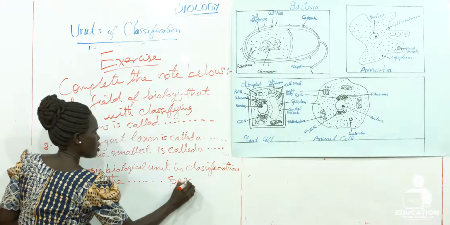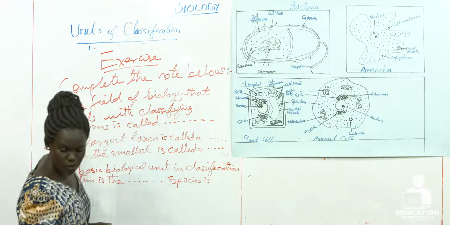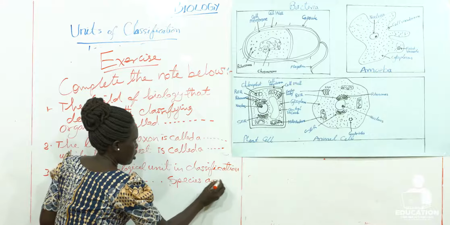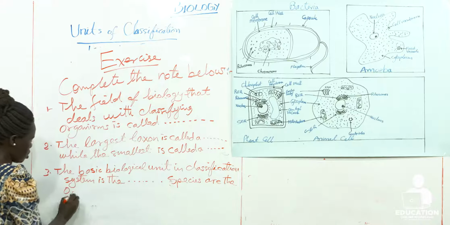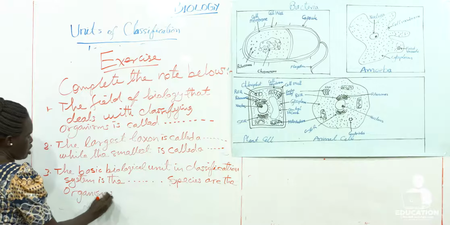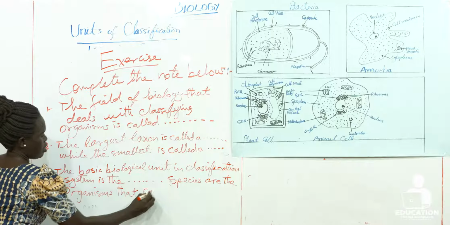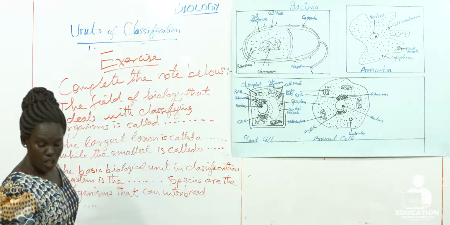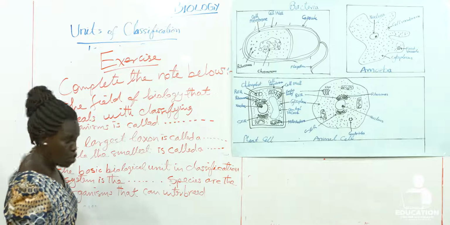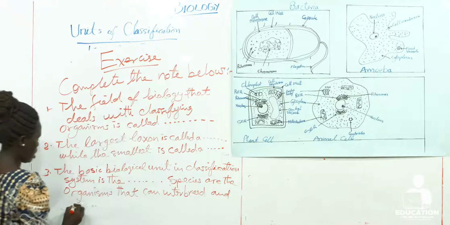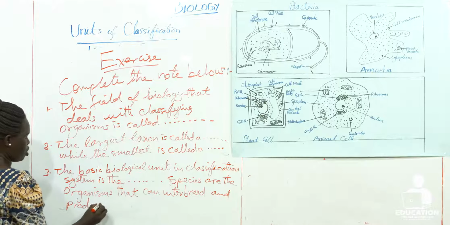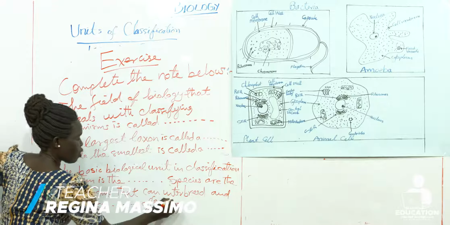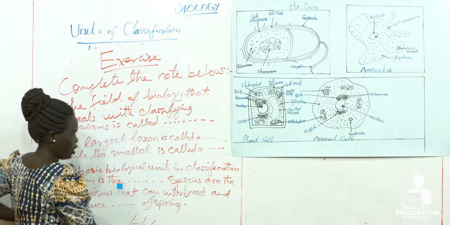Then a species are organisms that can interbreed and produce offspring. That's all. Thanks a lot.